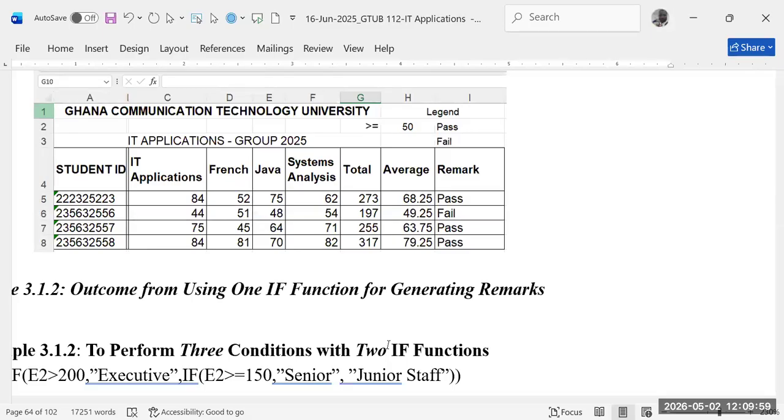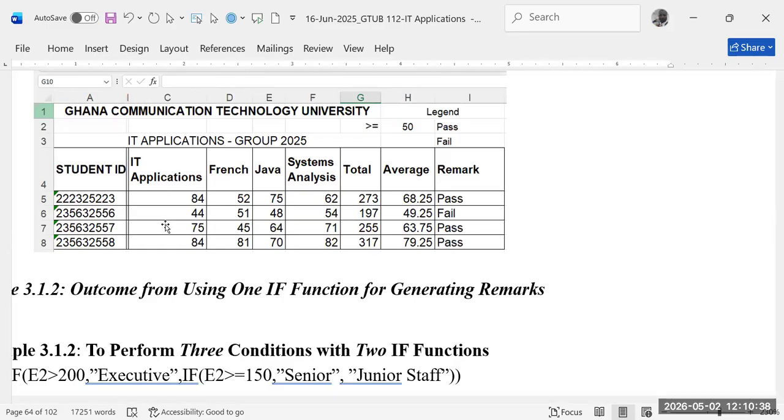Let's hear you, Kingsley. Sir, please, what are we finding? J6 or J7? J7. Okay. So equals sum open brackets. C7 plus D7.